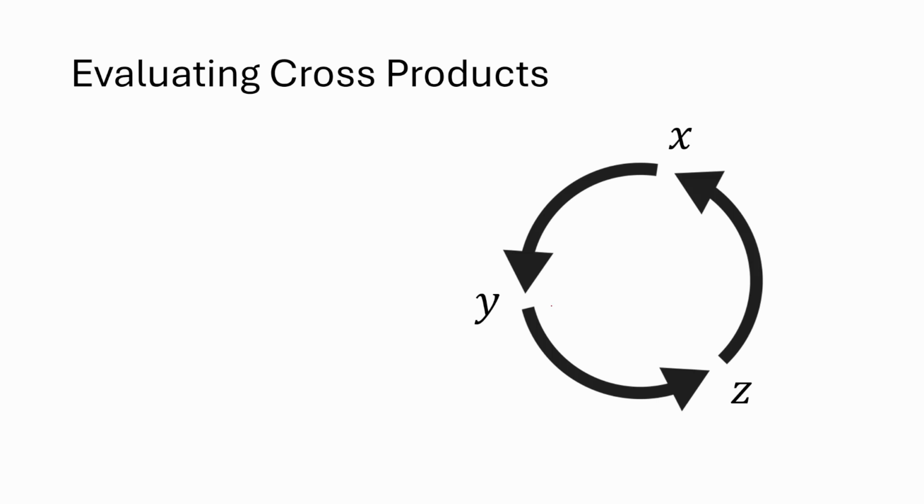As far as calculating the components of that thing, asking like, okay, but what are its x and y and z values? I want you to stare at this image for a second. There is a circular relationship between the x and y and z axes in 3 dimensions, that as you go x, y, z, x, y, z, x, y, z, you're going around a circle in one direction.